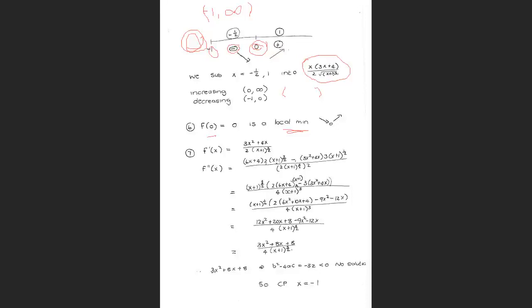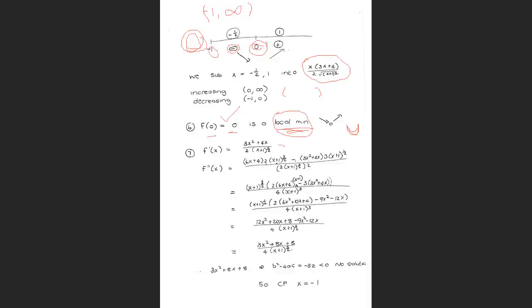I told you, local max, local min and inflection point, we test using the original function. So you say f of 0 gives you 0, and that is a local min. You have the full marks because you know that at x equals 0 there is a turning point, and it's actually a local min. So it's this kind of shape, or we say concave upward.